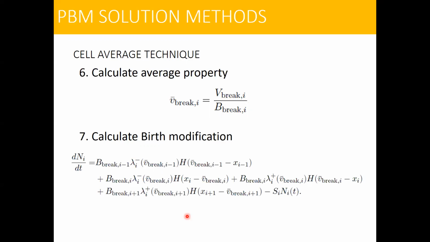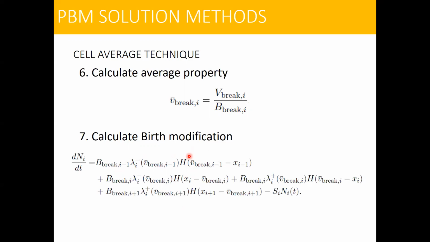Since this method seeks to locate each particle taking into account its properties, relocation is necessary by calculating the expression of modification of birth. Notice here the new terms lambda and h. Let's look at it in a little more detail.